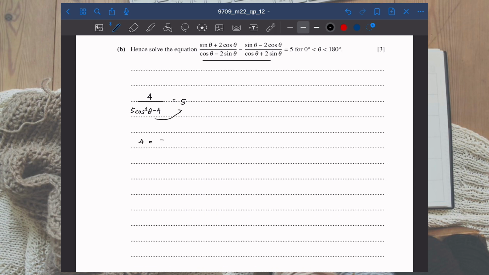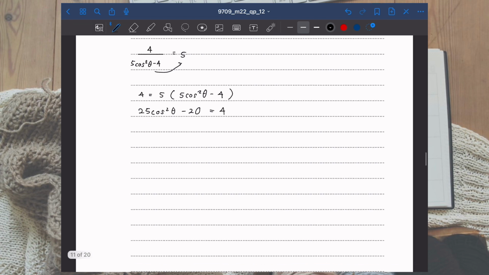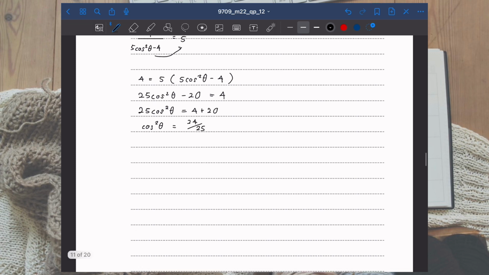So 4 equals 5 times (5 cos² θ minus 4). So expand the equation. So 25 cos² θ minus 20 is equal to 4. So 25 cos² θ equals 4 plus 20, and cos² θ is 24 over 25.